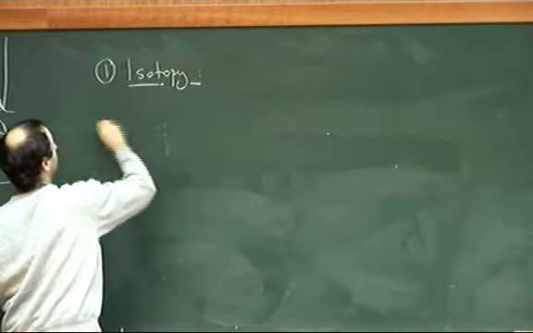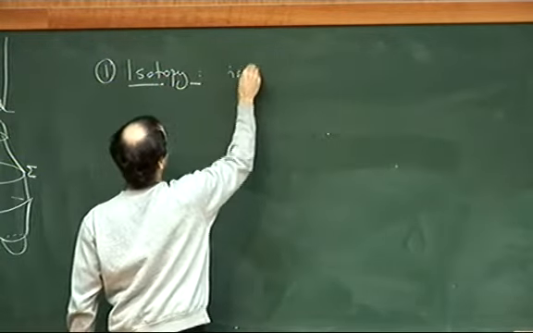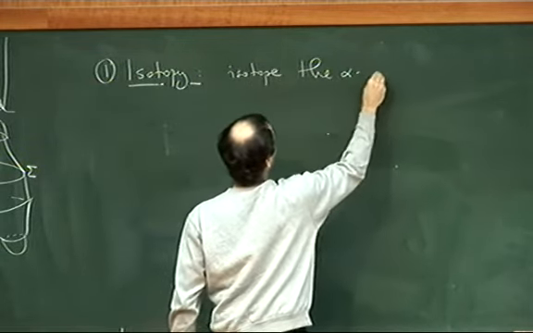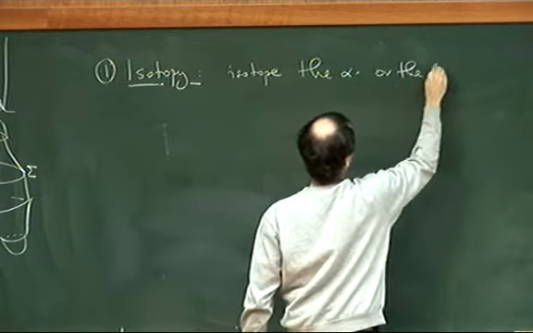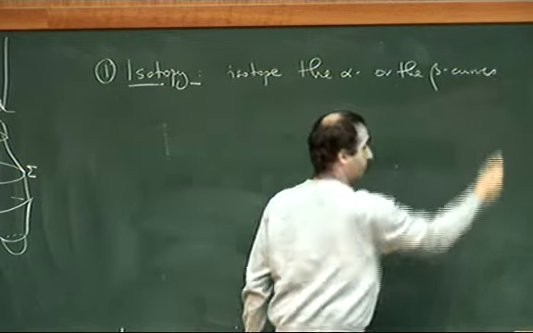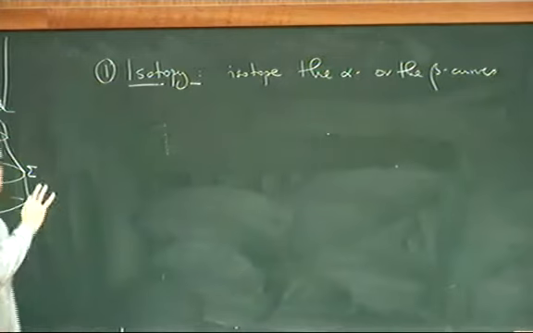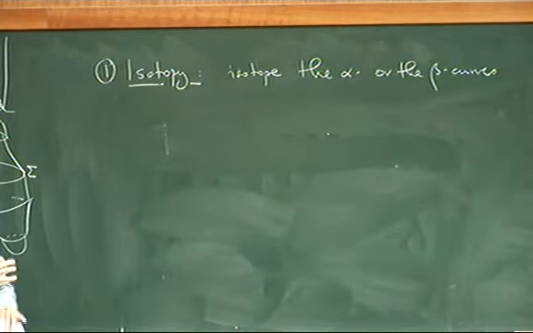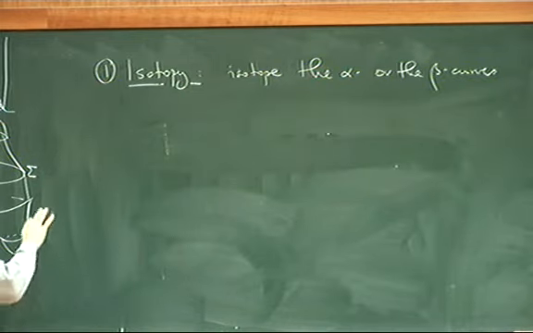Let's call it 1. It's just isotoping the alpha or the beta curves while still respecting the properties. So at the end of the isotopy, they still have to be transverse to each other, and they have to respect the position of the points.